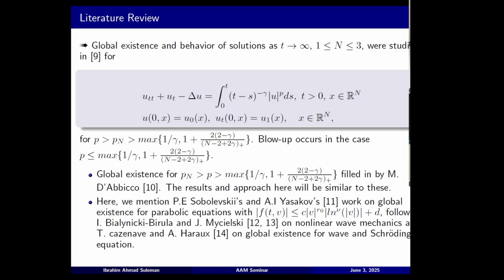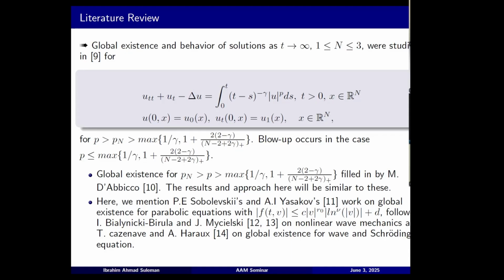Now, as far as we have seen in the literature, the first work concerning this type of logarithmic nonlinearities is due to Sobolewski and Yasarkov, working on global existence for parabolic equations with this type of growth assumption on the nonlinear term. After them, there was a work of Berula and Masielski on nonlinear wave mechanics, where their interest was first to find nonlinear terms that will give the nonlinear Schrodinger equation soliton-like solutions.